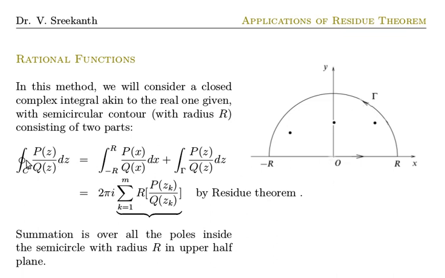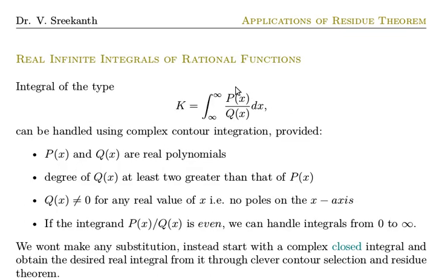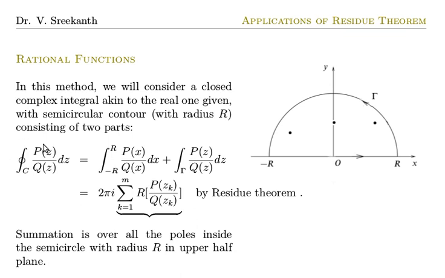Instead of a real integral, we will begin with the complex integral, which is a closed complex integral over C, and C is defined like this, so that you can write it as the integral from minus R to R, where p(z) by q(z) is nothing but p(x) by q(x), because the imaginary part is 0 here, right?